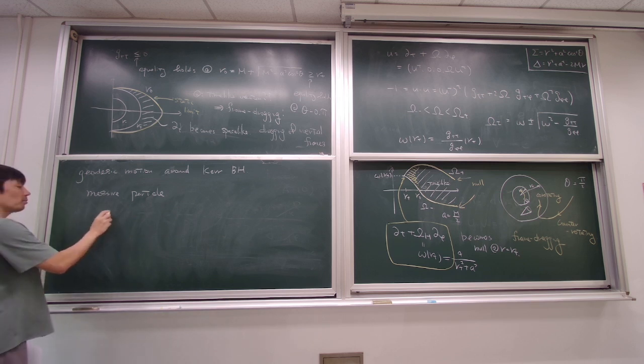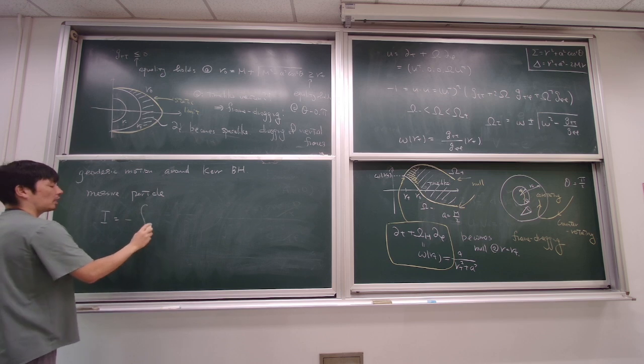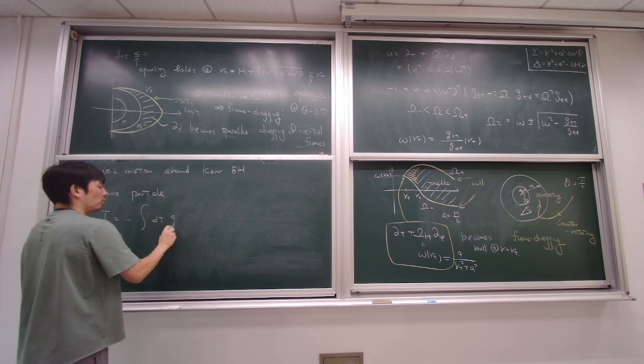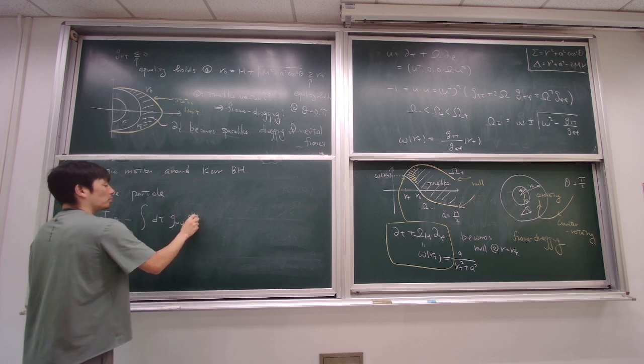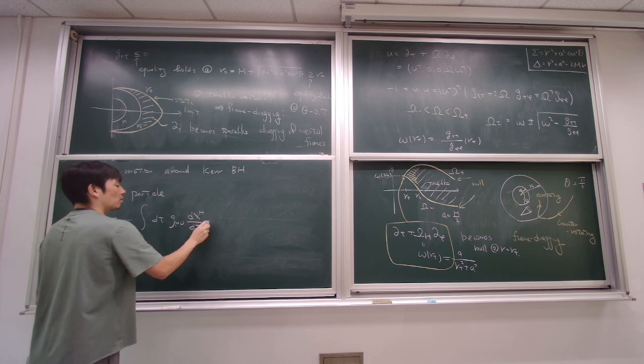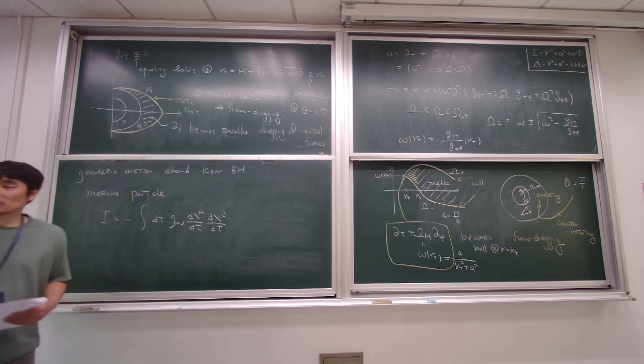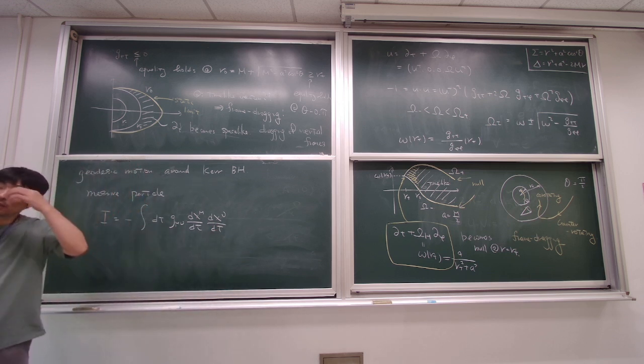So the action is given here: d tau, g mu nu, dx mu over d tau, dx nu over d tau. And then we have to use g mu nu for the Kerr metric.